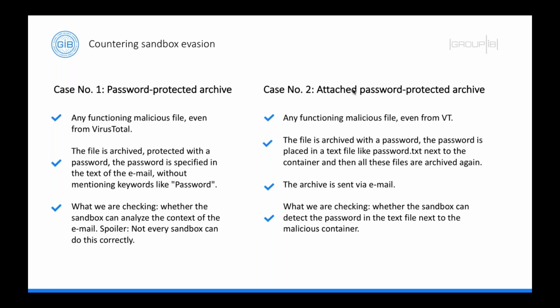And to make it simpler, archive these two files again into one file. So in this case, you have one file and there are two files, the actual encrypted payload and a file called password.txt. And again, it's an interesting case because many vendors will fail on it, and they wouldn't extract the actual password from this password.txt, but the end user most likely would be able to do this.